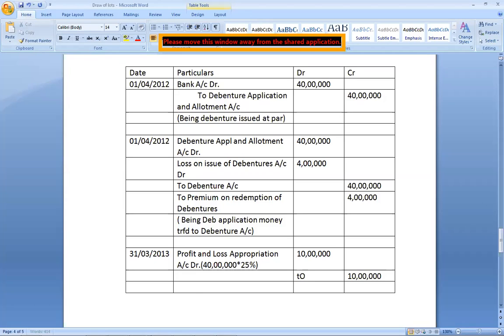It is a reserve creation. Debenture redemption reserve account.